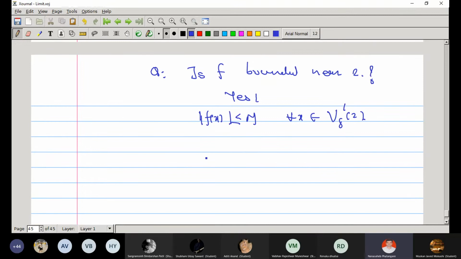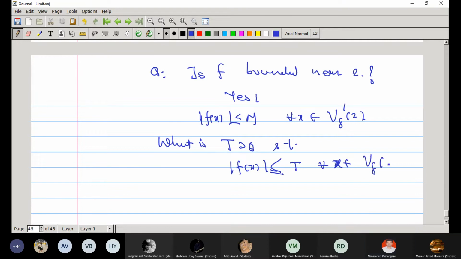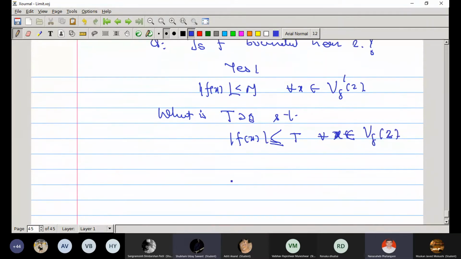But if I want to find the number T such that |f(x)| is less than or equal to T for all x in the whole neighborhood, not deleted, it is the maximum of M and 100.